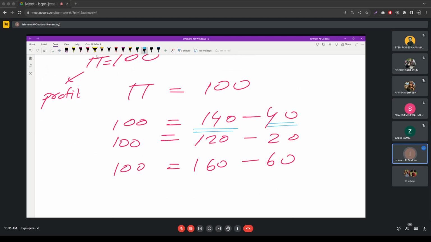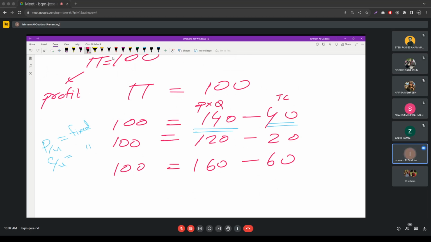Now if you think the price per unit is fixed, as well as the cost per unit is fixed, then this is P times Q, and this is the total cost.